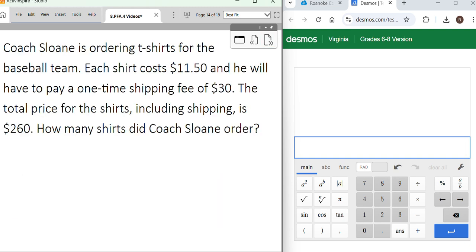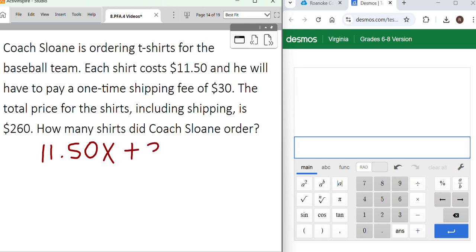All right. Now, Coach Sloan is ordering t-shirts for the baseball team. Each shirt costs $11.50. Each one is $11.50. So that means $11.50 is going to be multiplied by a variable. And he has to pay a one-time shipping fee.